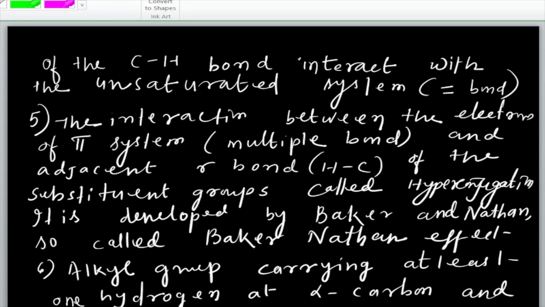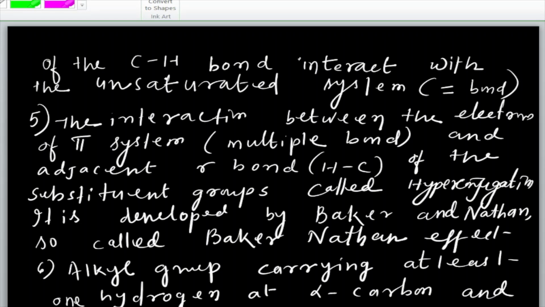Here the interaction is between the electrons of the pi system. When there is a double bond, there is a pi system, that is a pi bond. The electrons in the pi bond are called pi electrons. And the adjacent sigma bond, now it is C-H.